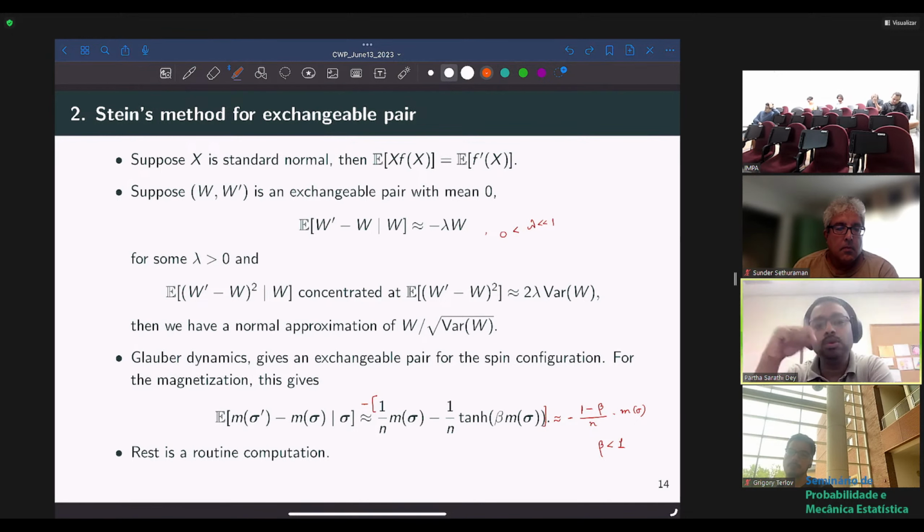So the dynamics should be a continuous dynamics. That means we have to figure out what the right dynamics should be. What should be the right way to make a small change to the configuration while staying on the surface, so that the conditional change is linear, and the conditional second moment is concentrated on the appropriate mean? Okay, so this is unknown.